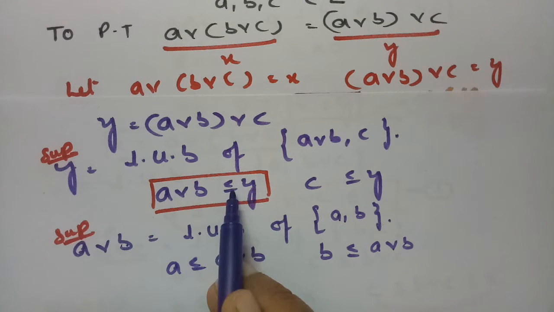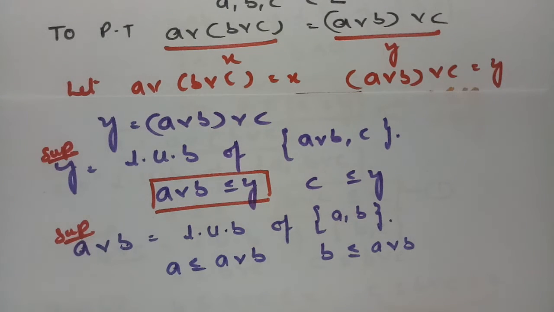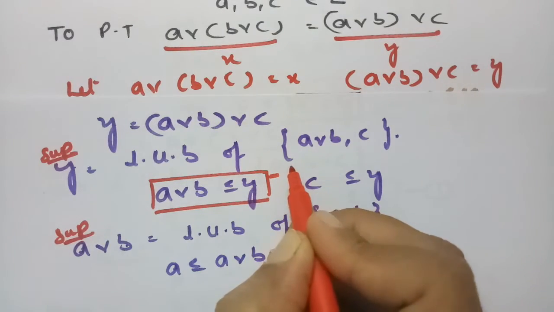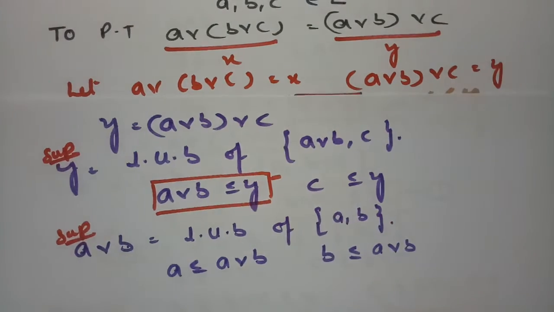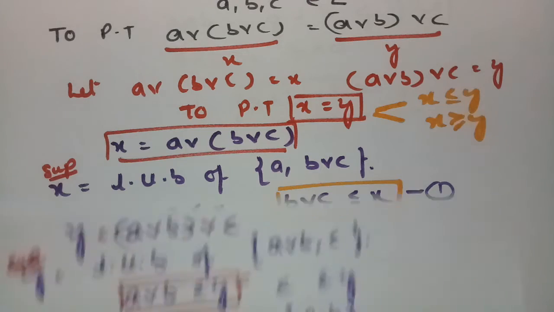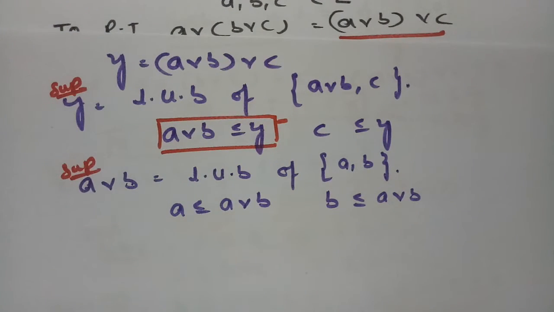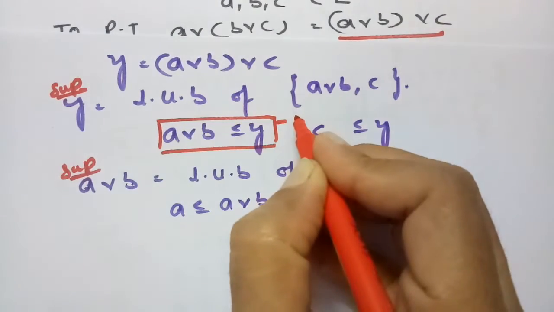So A join B less than or equal to Y. If you consider this as some relation, one I have taken, this value take it as 2.